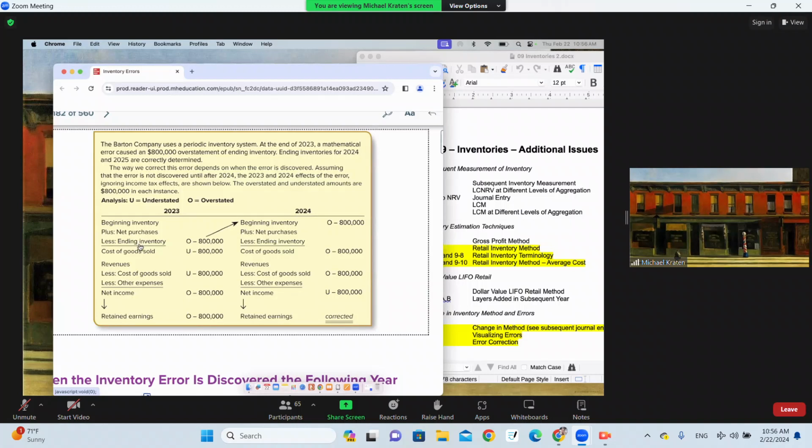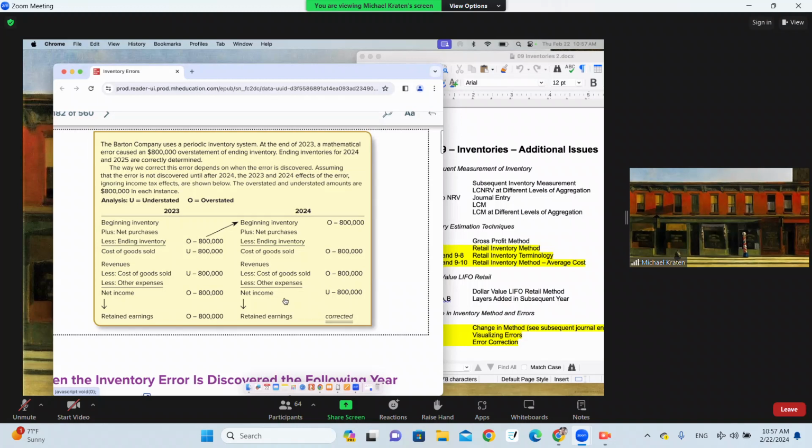Goods available for sale this period minus ending inventory at the end of this period must be the cost of goods that I sold this period. And cost of goods sold is an expense. Now, revenues minus expenses, which include cost of goods sold, minus any other expenses, is net income. And net income, the end of the year, gets swept into retained earnings.